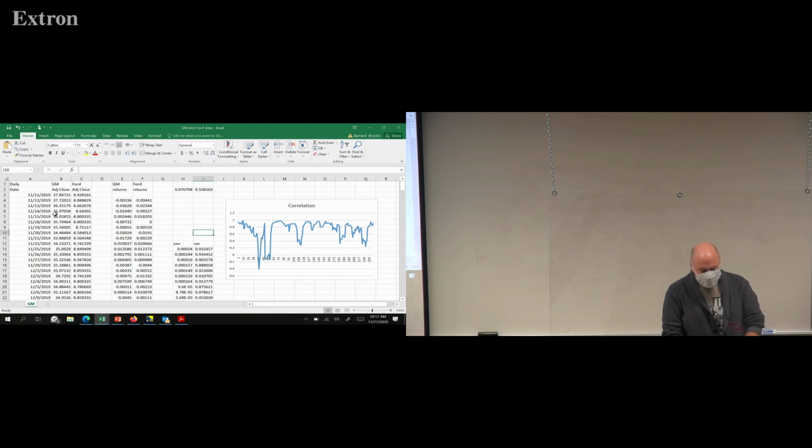So here's GM and Ford. I picked these mostly because they're easy to spell, but they're both American car companies, so they should kind of move in unison. They're both big money makers, are full-size trucks. So if you're buying a truck, these are the ones you're looking at.